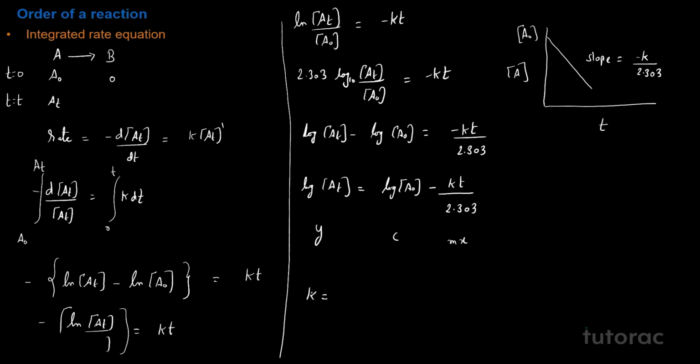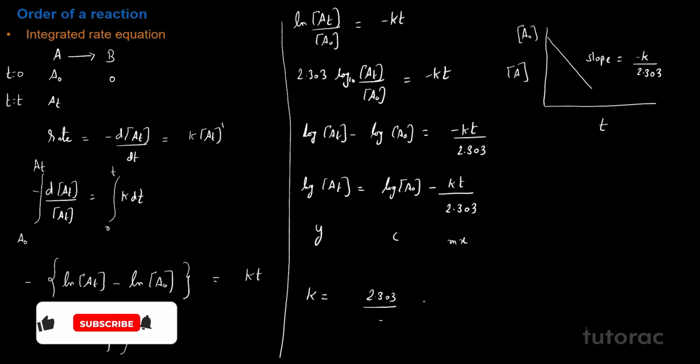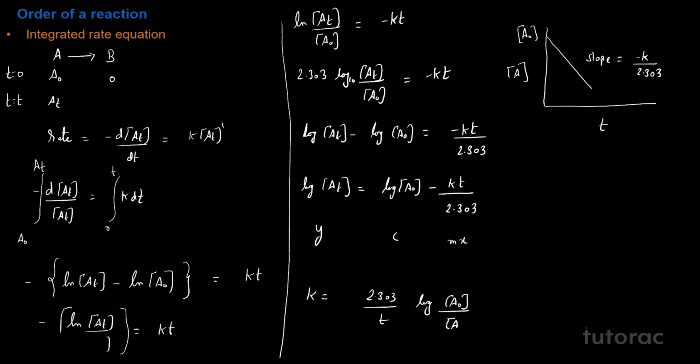Now we can write this expression for the rate constant, for which we have to calculate the value. The rate constant k will be equal to 2.303 by t log A naught upon At. This is the formula for the rate constant of a first order reaction.